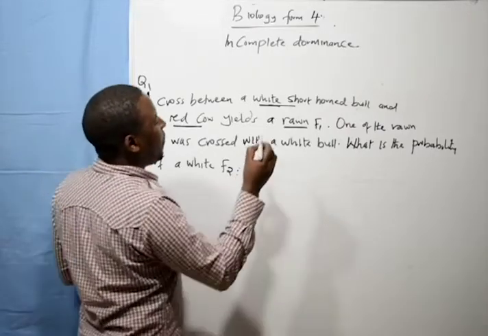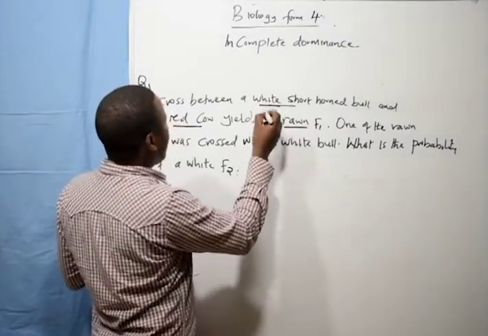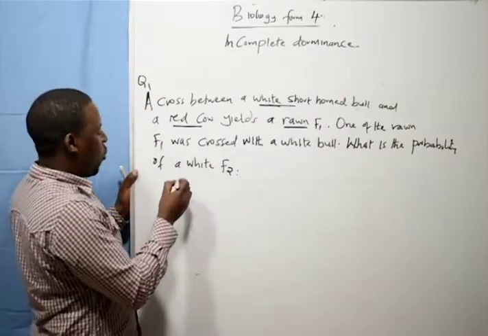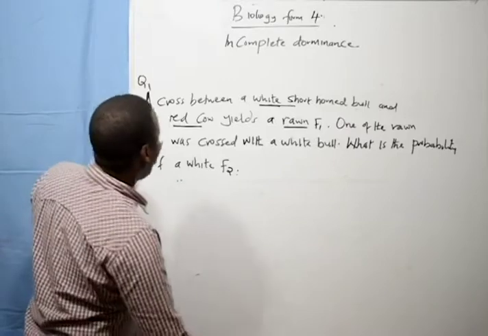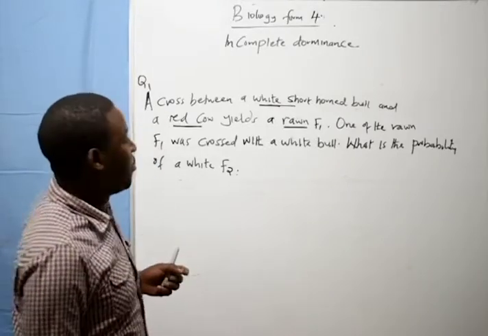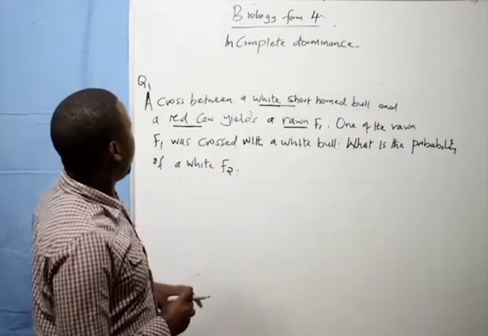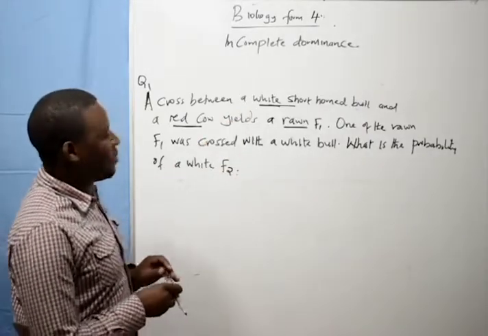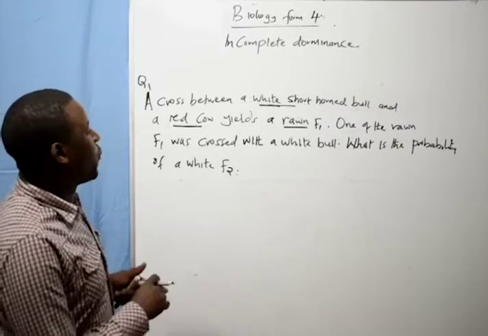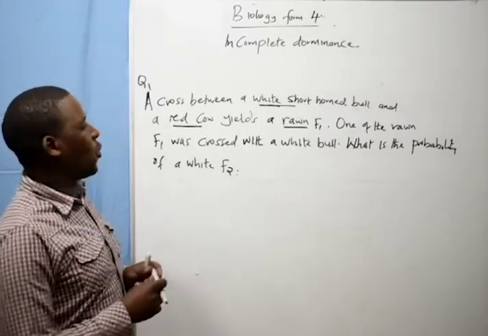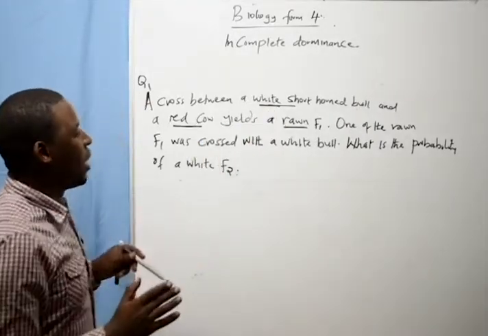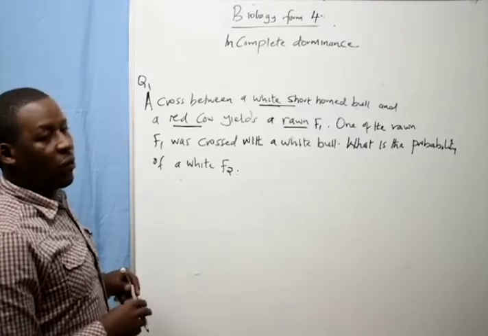Roan is a mixture of white and red. A roan calf has white spots and red spots. That means both the gene for white and the gene for red are expressed in the phenotype. This is a case of incomplete dominance, where the gene for white color and the gene for red color are both expressed, and therefore they are dominant.